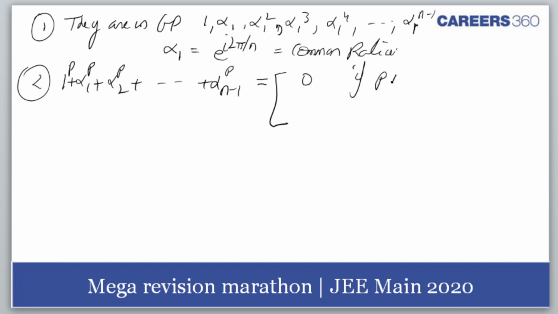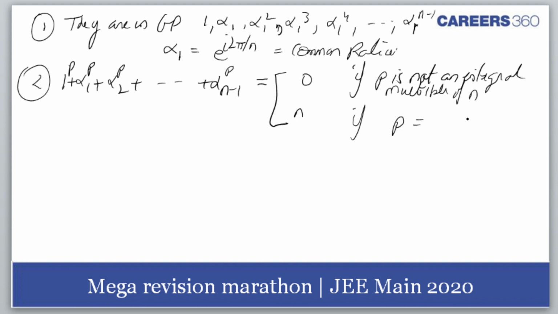Like for example, when I was talking of 1 plus alpha 1 plus alpha 2 and so on till alpha n minus 1, that would be 0 because it is not an integral multiple of n. And it is equal to n if p is an integral multiple of n. Okay. I hope you understand.